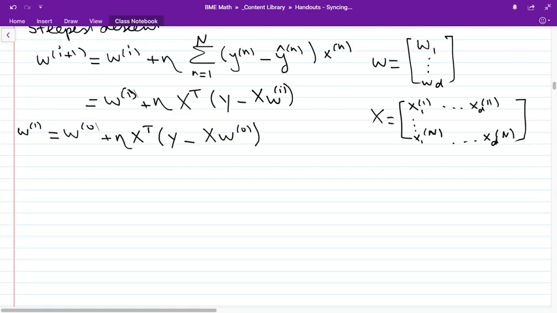And so we can write this as follows, which is equal to, let's collect these W0s. I get this identity matrix minus eta x transpose x, times W0, plus eta x transpose y.